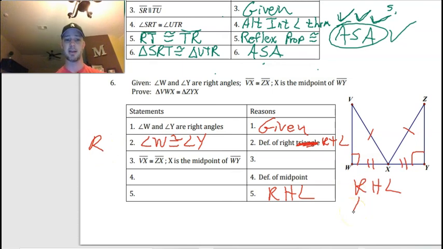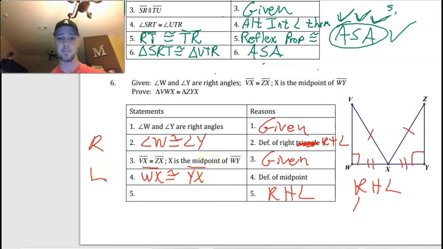When it says that we have the midpoint here, that was given. But because of that, I was able to label that WX is congruent to YX. And that is my leg that I was looking for.